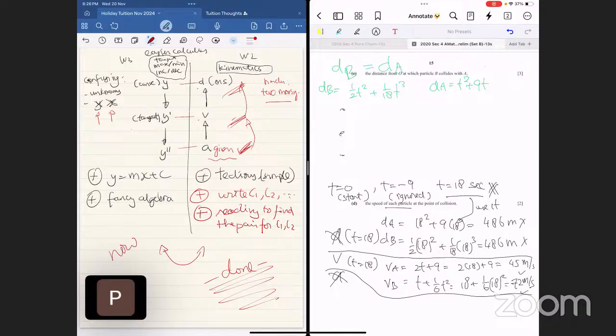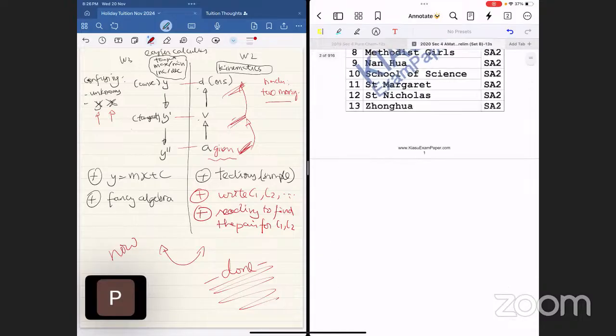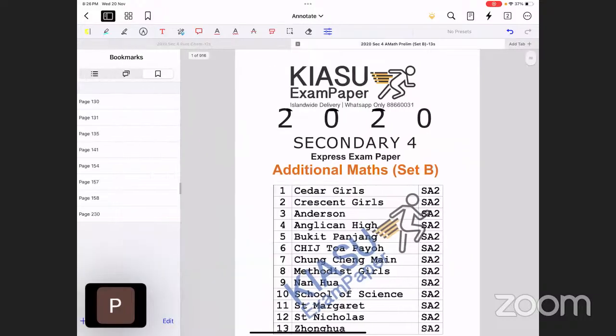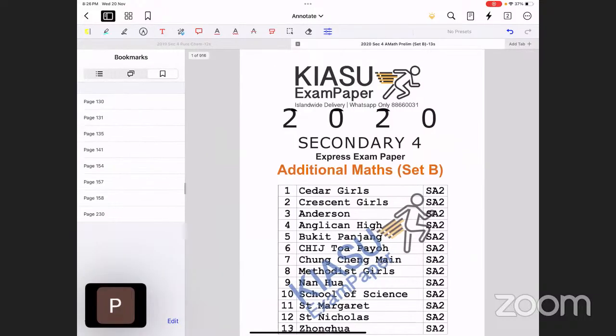Okay, now let's see what we can find. Hopefully we have time.